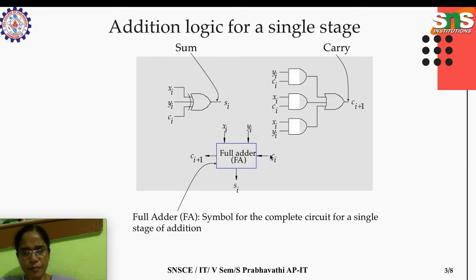It takes 3 inputs and produces 2 outputs, the sum and the carry out for the next stage. There are adders like half adder and full adder. A full adder takes 3 inputs and produces 2 outputs, whereas a half adder takes 2 inputs and produces 2 outputs, carry and sum. So here we use the full adder.